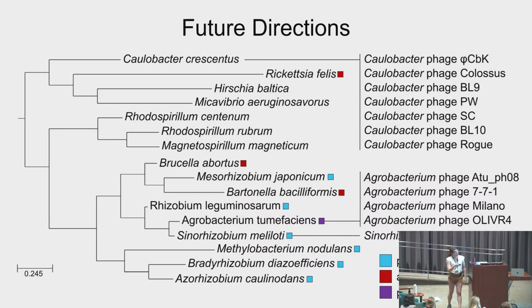All of these are members of this phi-CBK-like group of Caulobacter phages, but they do separate out into their own distinct groups. One of the things that we've always been interested in was, if you compare Caulobacter and its phage and look at their XREs versus Agrobacterium and the Agrobacterium XREs, they're always more similar to each other than they are across species.